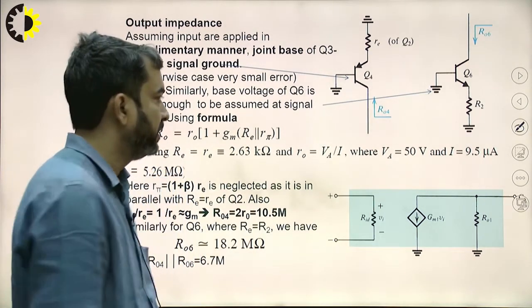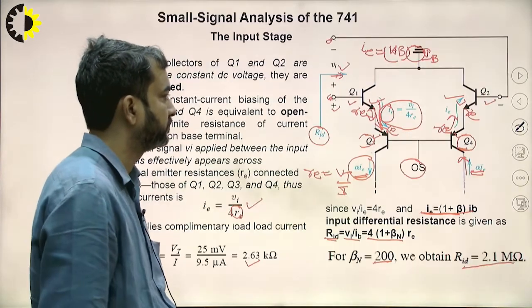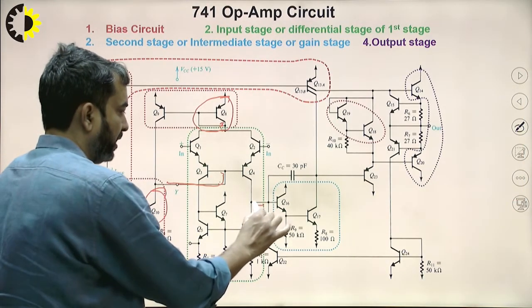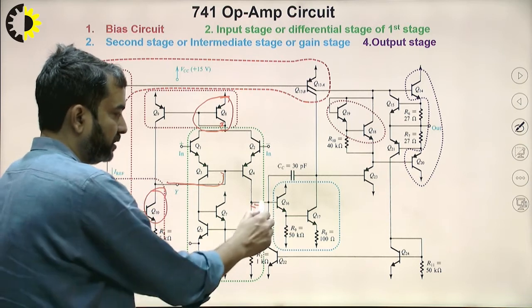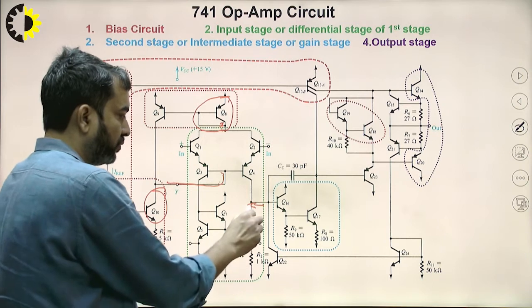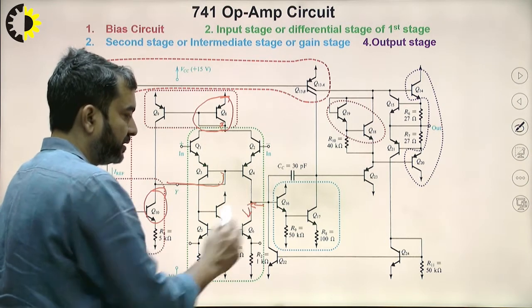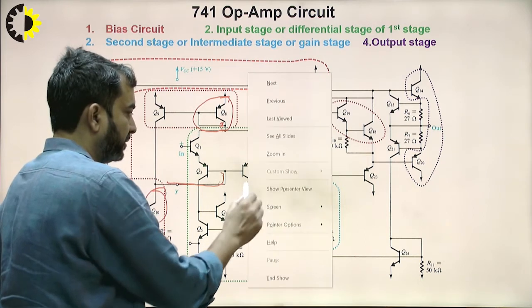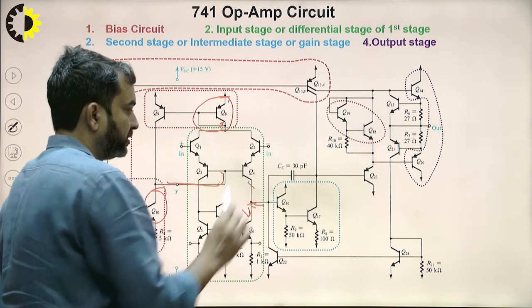Here, if we see this diagram, we have to calculate the output impedance looking into this terminal. So we have two paths. One is connected to the collector of transistor Q6, one is connected to the collector of transistor Q4.